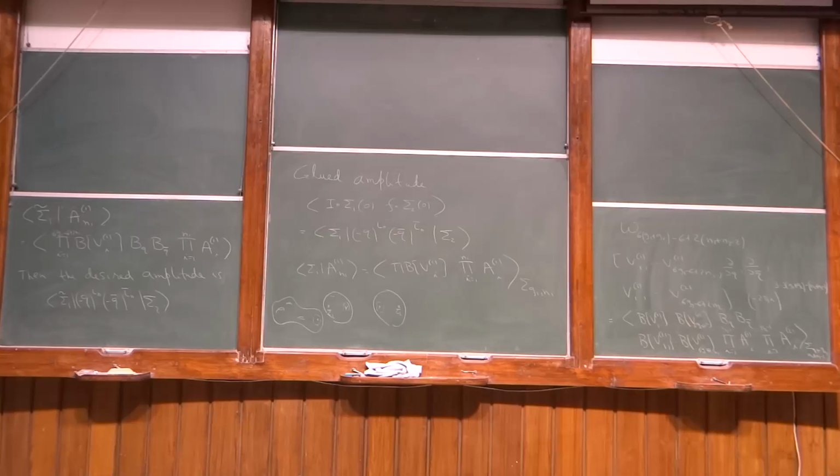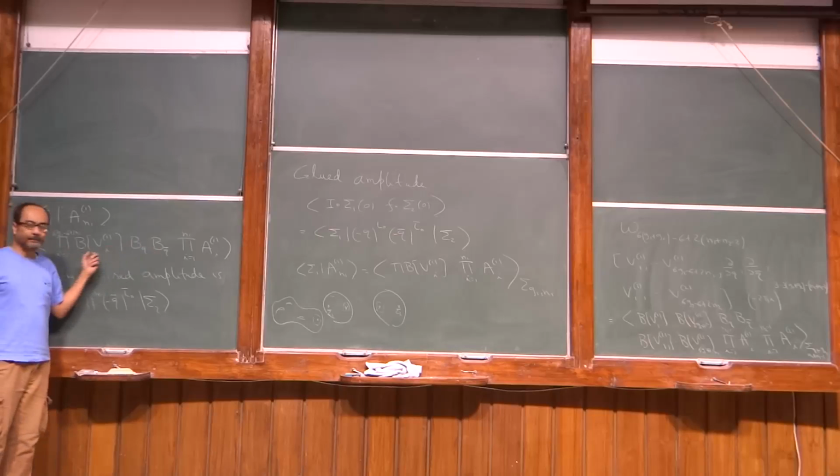For BQ and BQ bar, we are just putting that information by hand. I just redefine my sigma 1 tilde to include BQ bar in the product.